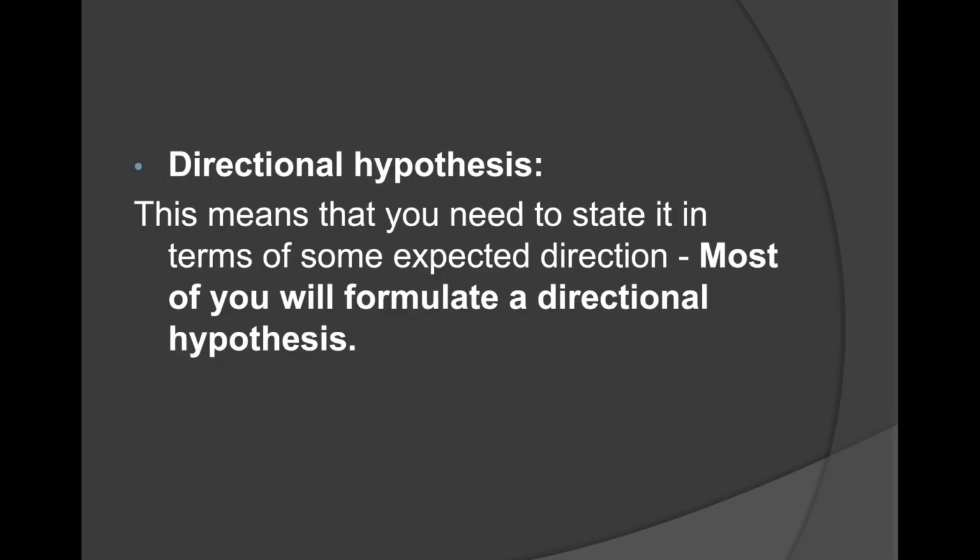Your hypotheses are generally going to be directional, which means that one group will have higher scores than another group, or the scores on the test will increase, the weight on the scale, number on the scale will go down. So most of you will have an expected directional hypothesis.